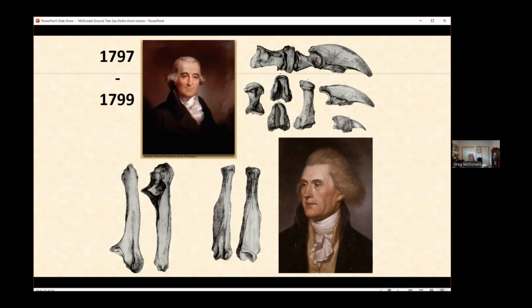So he wasn't quite as conscientious as Cuvier was in making it a true Linnaean binomial. But later, the species name jeffersoni was added in order to acknowledge his contribution. So this is the beginning of the family Megalonychidae, taken from Megalonyx jeffersoni.